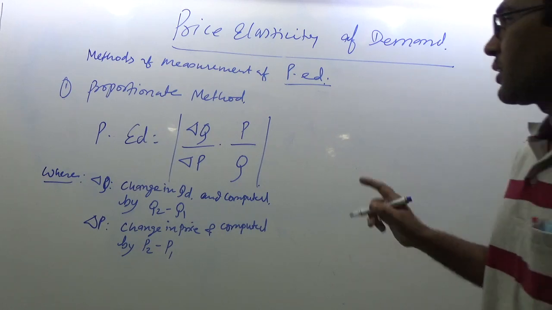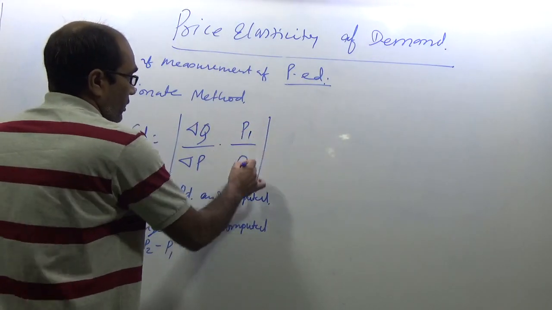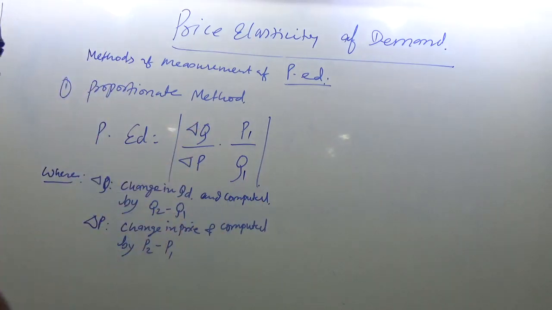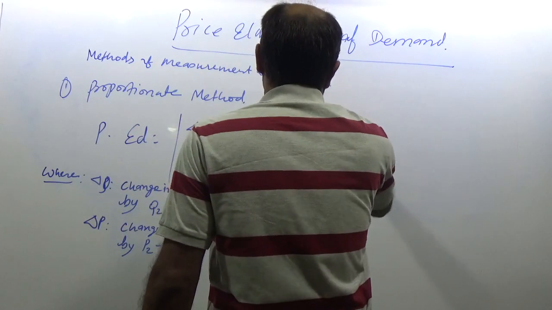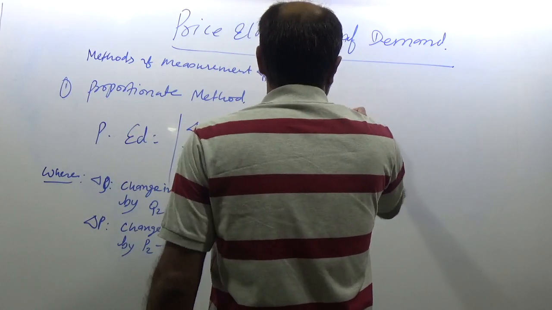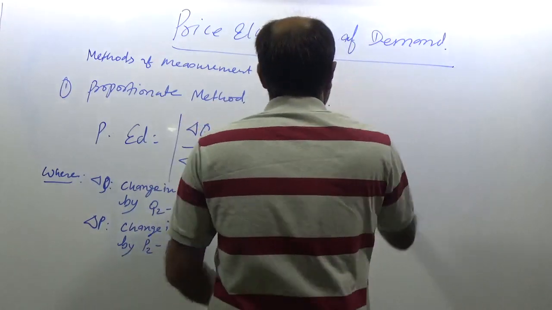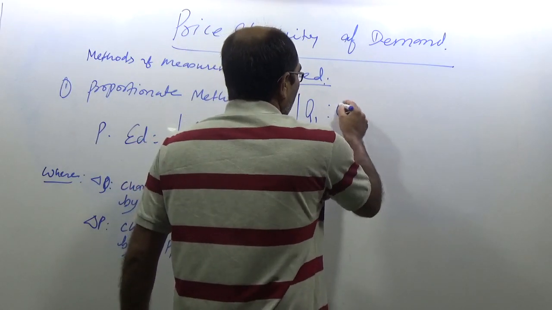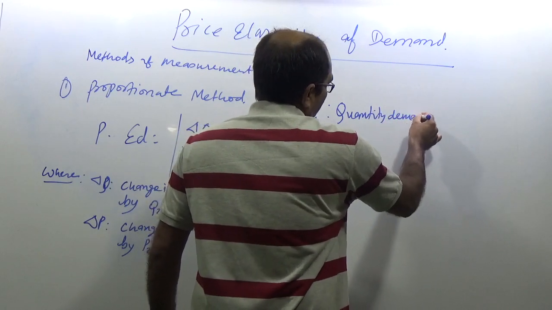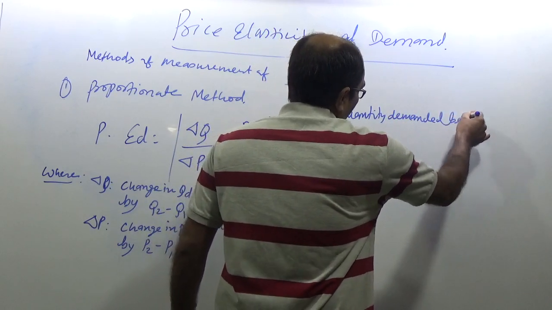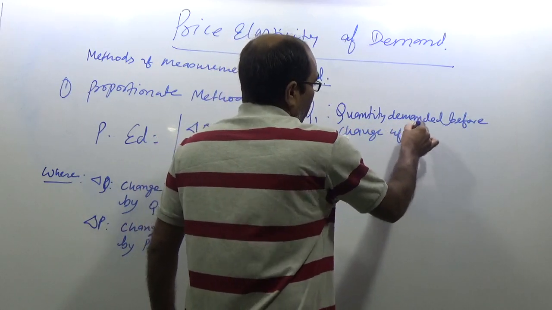Dear student, if we take Q2, Q1, on that base is P1 and Q1. Q1 is quantity demanded before change of price.